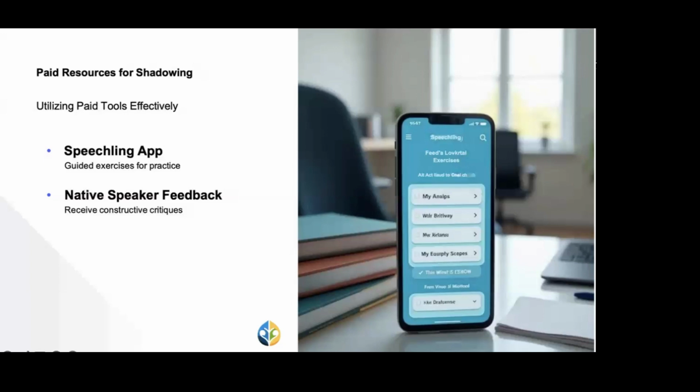By utilizing these paid resources, if it works for your budget, learners can engage in focused practice sessions that mimic real-life conversations, thus enhancing their overall speaking proficiency. Incorporating feedback from native speakers not only builds confidence, but also provides insights that self-study alone may not offer.